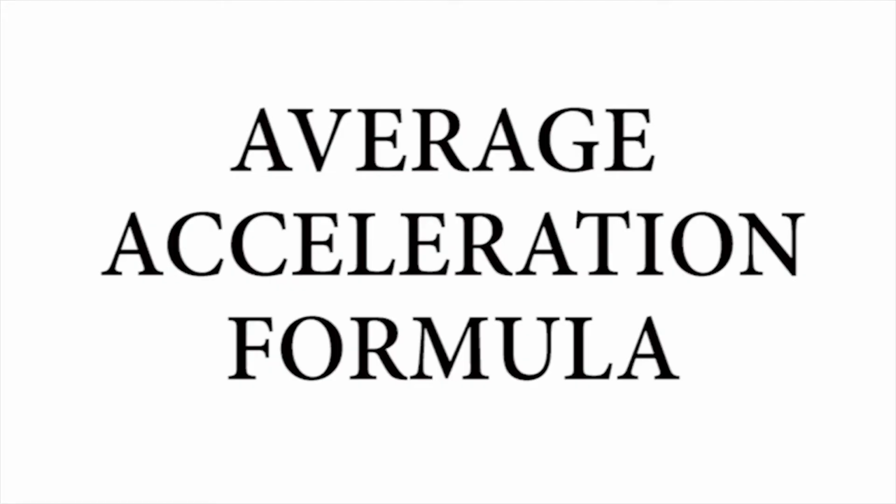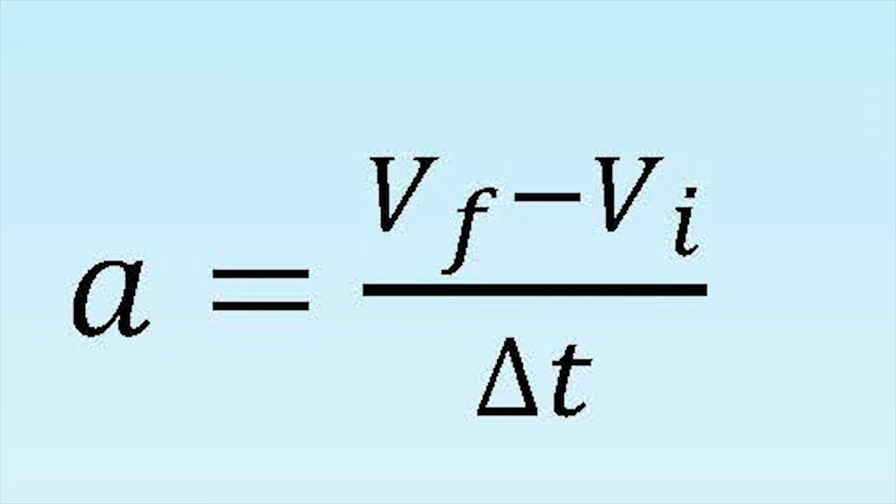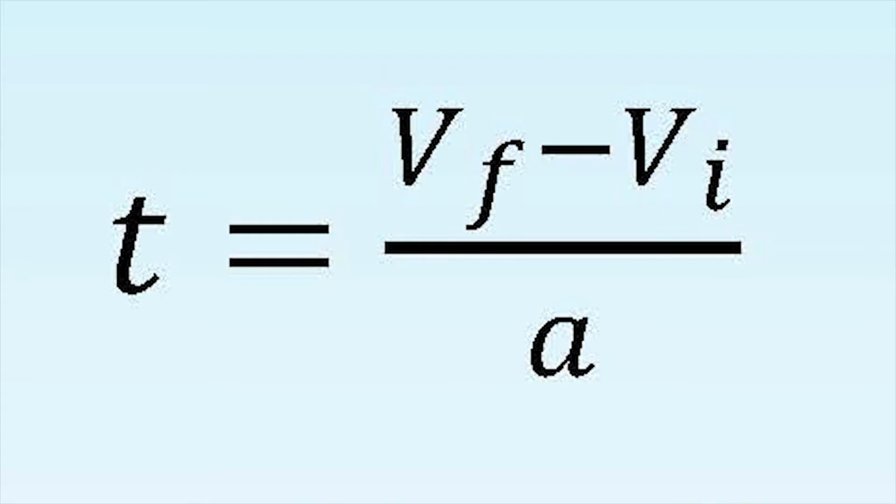Using the average acceleration formula, you can determine the other quantities like time, initial, and final velocities as follows. Equation 1: a is equal to final velocity minus initial velocity over change of time. Equation 2: time is equal to final velocity minus initial velocity over acceleration.